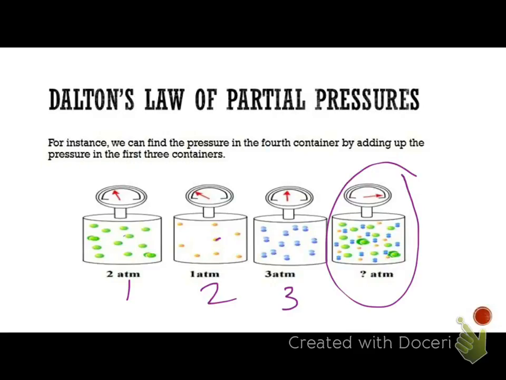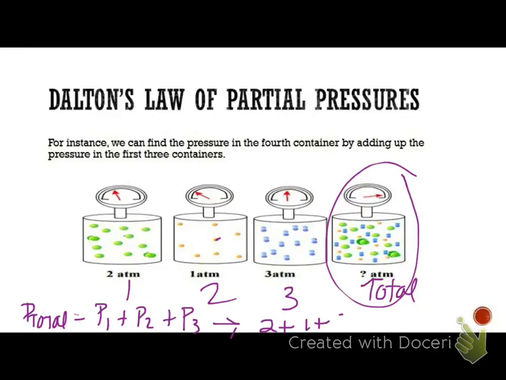Basically, if we wanted to figure out how much the total pressure is right here, so we'll call this total, we would take that equation and say P total is equal to P1 plus P2 plus P3, and that would be 2 plus 1 plus 3, and so my total pressure would actually be 6 atmosphere. I know it seems too easy, doesn't it?